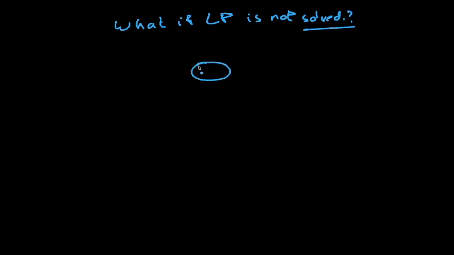Okay, so now we are going to discuss some specific issues with the implementation that I just described. What happens if LP is not solved at a node? So what do we do in this kind of scenario? Let me explain why I'm going to discuss this. First of all, let's say we have this node. Let's say we branched on X. We had our LP objective L1, and we reached over here, and for some reason at this node we could not solve LP.